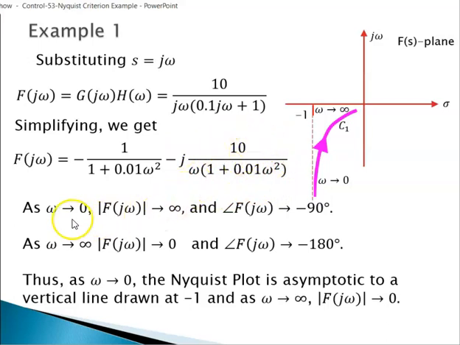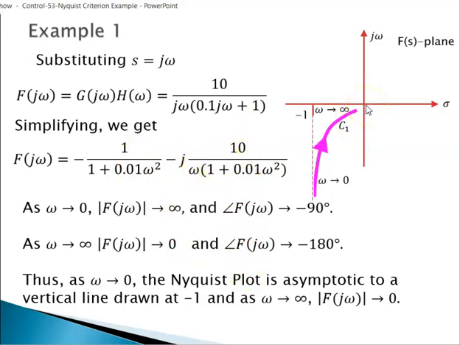So when omega tends to 0, F(j omega) tends to infinity, and the angle of F(j omega) tends to minus 90 degrees. And when omega tends to infinity, this magnitude tends to 0, because something big is there in the denominator.